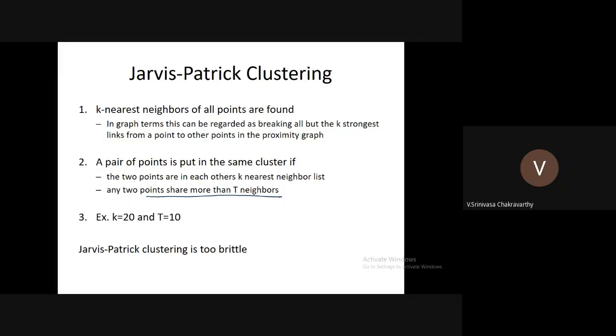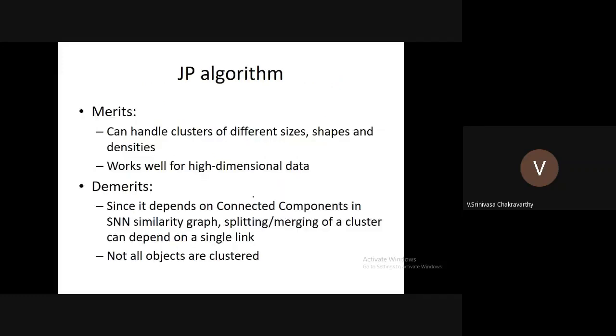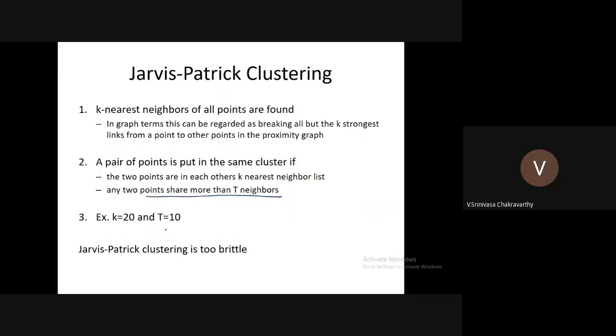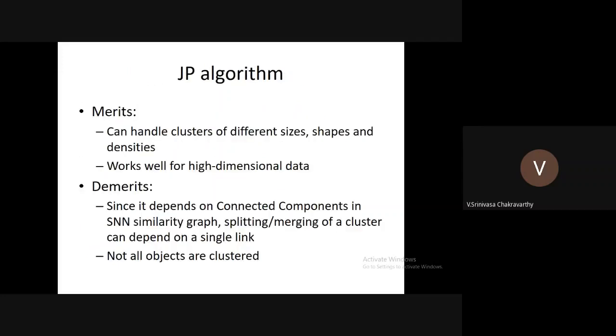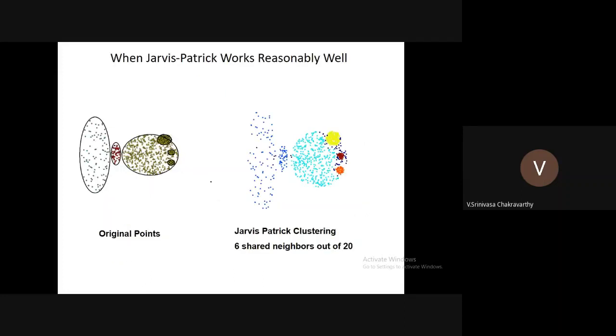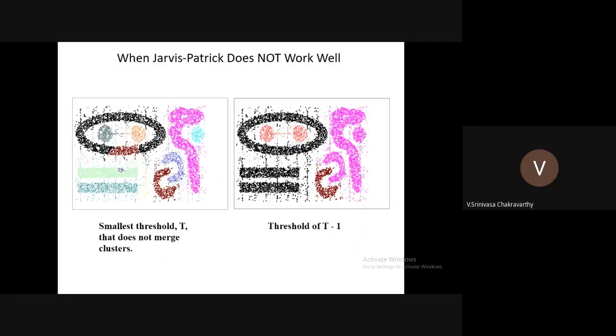So when you do clustering like this, you get interesting results, but it's a bit brittle, in the sense that small differences in the threshold can give you very different clustering results, right? So let us look at this example. Look at the data set on the left. Okay, the smallest threshold T that does not merge clusters. Here the clusters are this black ellipse and two rectangles in the bottom and all those things.